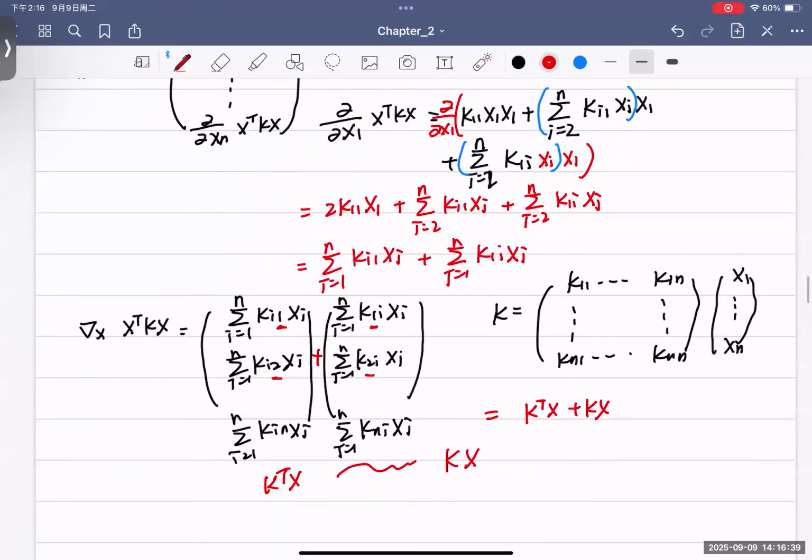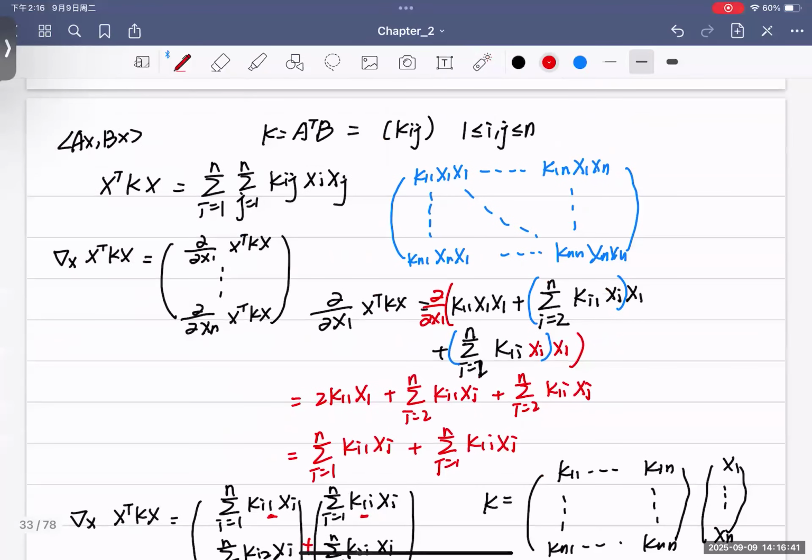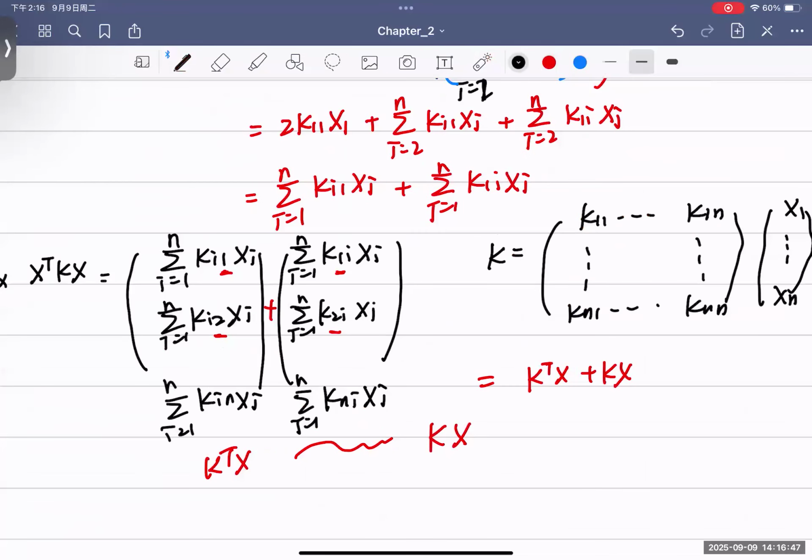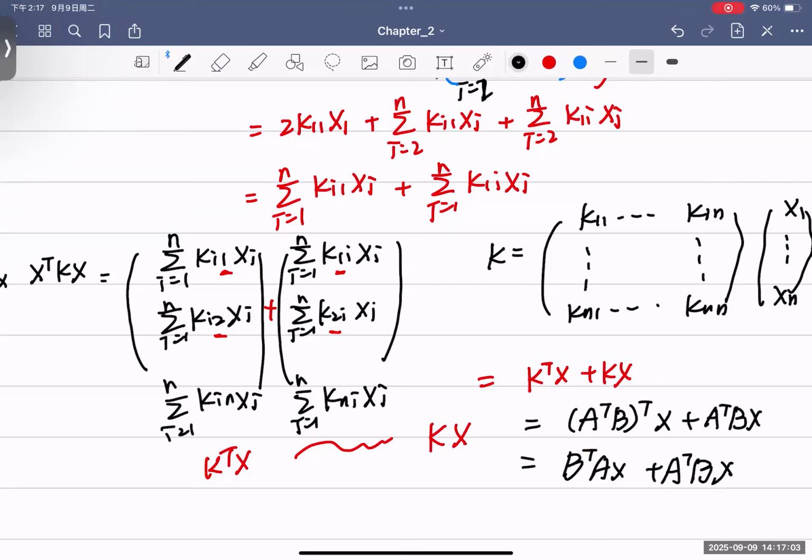And also, back to our earlier statement, k is a transpose b. So therefore, whose value will eventually become a transpose b transpose x, adding the a transpose bx. So it's b transpose ax plus a transpose bx.